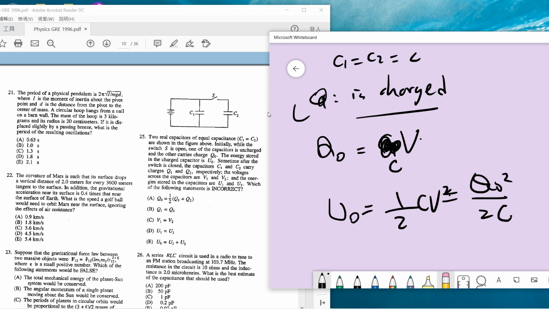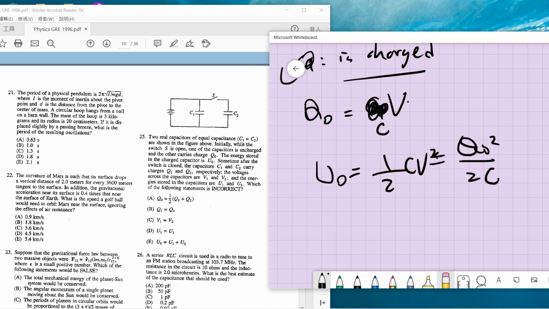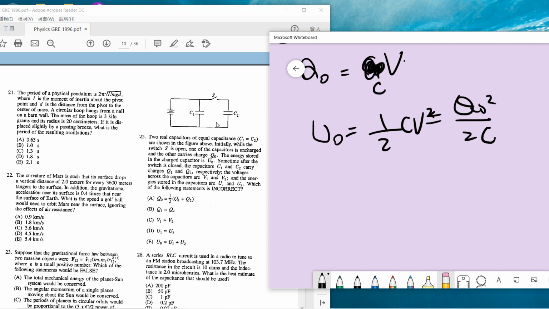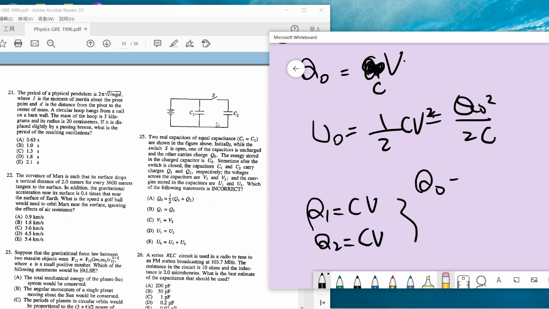After that, the switch goes to here, then the two of them have the same potential. So Q1 is CV, Q2 is CV. So definitely Q naught is half of Q1 plus Q2. So choice A is correct.